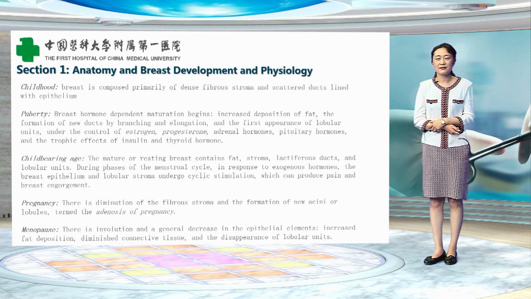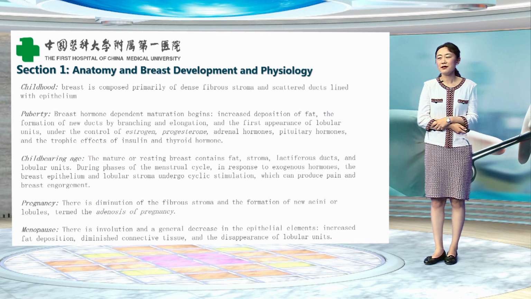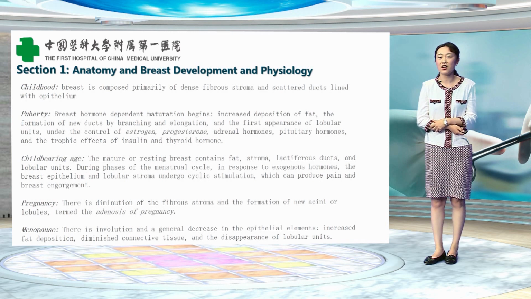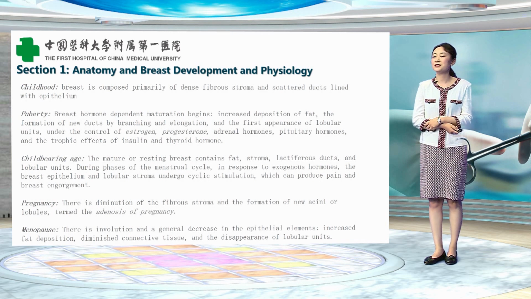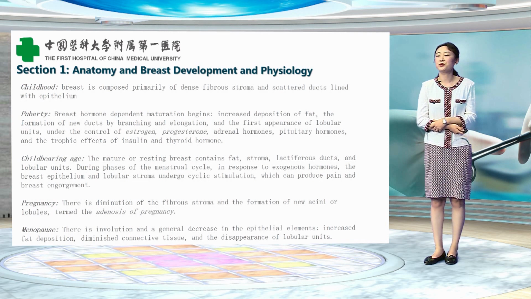And then we enter the next stage, the childbearing age. The mature or resting breast, which refers to the breast not in pregnancy, contains fat, stroma, lactiferous ducts, and lobular units. During phases of the menstrual cycle, in response to hormones, the breast epithelium and lobular stroma undergo cyclic stimulation, which can produce pain and breast engorgement.